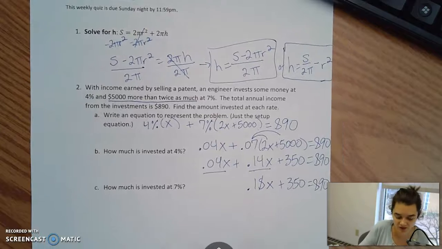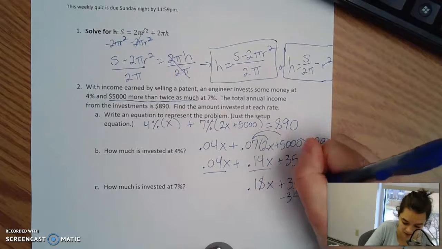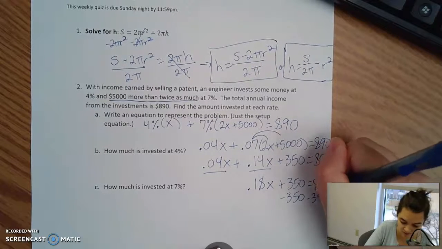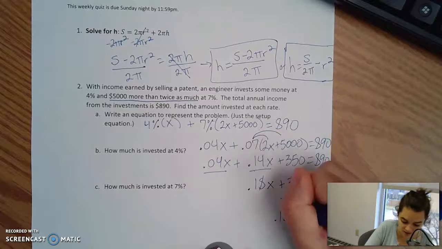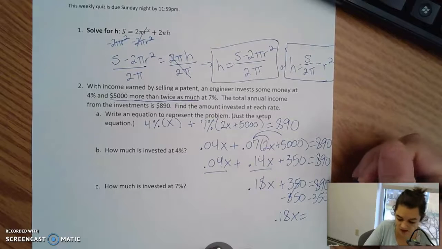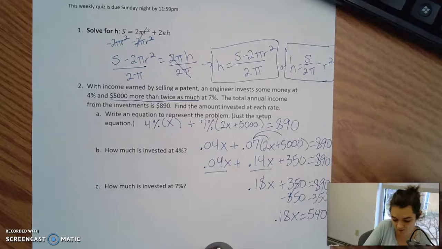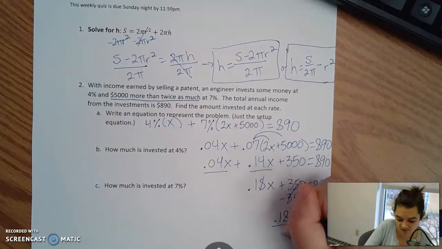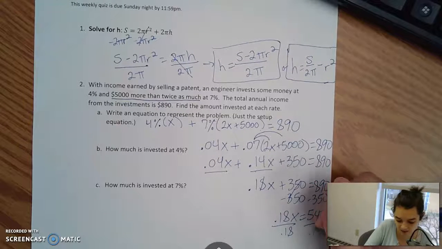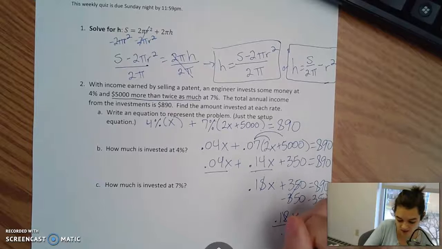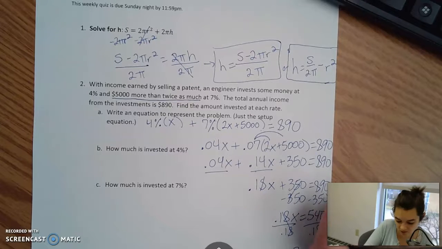Then subtracting 350 from both sides to get my x by itself, I have 0.18x equals 890 minus 350, which is 540. And last but not least, dividing by 0.18 on both sides. So then you get x equals 3,000.